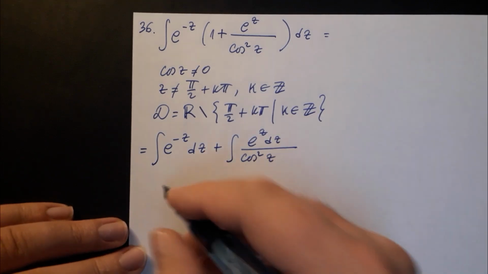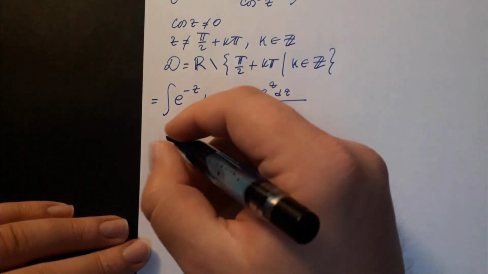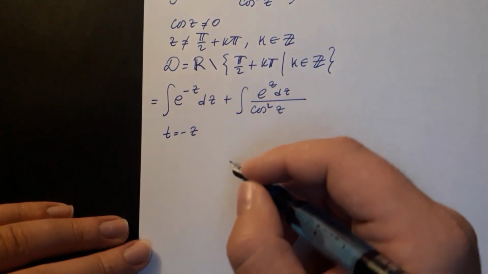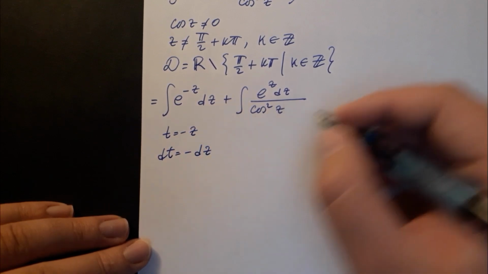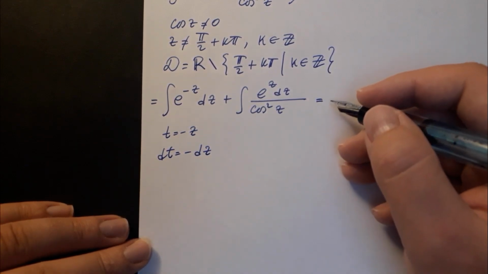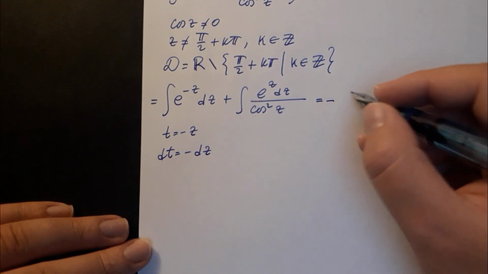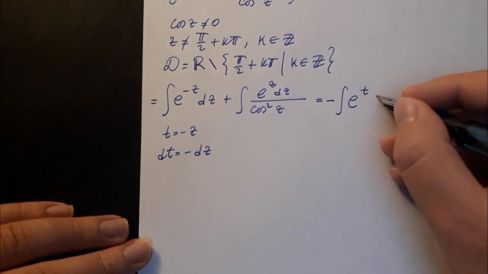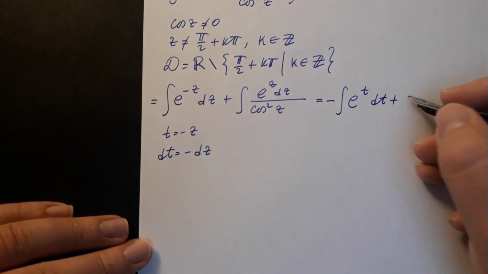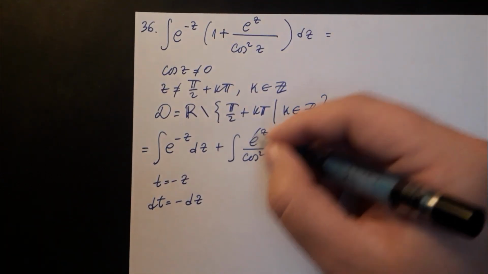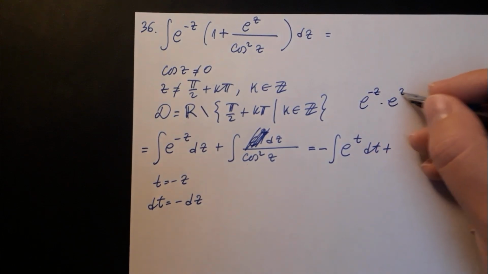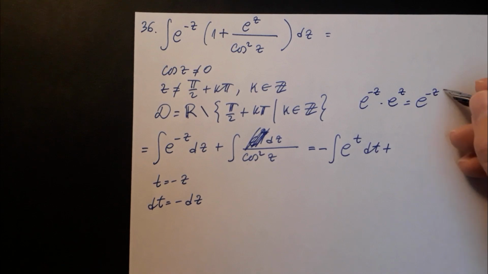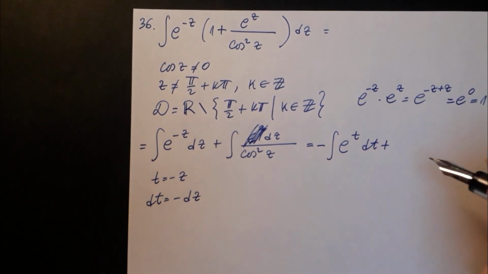What we can do now is to introduce a substitution that t is equal to negative z, and then dt becomes negative dz, and that transforms our integral into minus an integral of e to the power t dt plus, oh, okay, this is a mistake, I don't have this here. e to the power negative z times e to the power z is e to the power negative z plus z, which is 0, and that is 1.